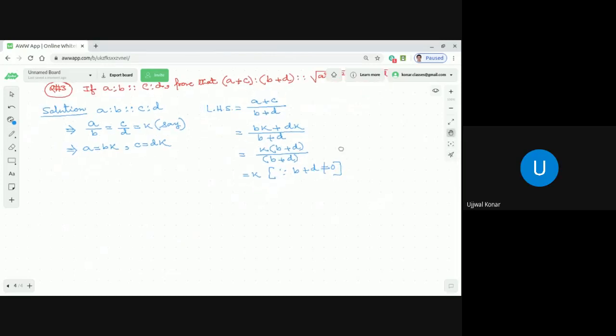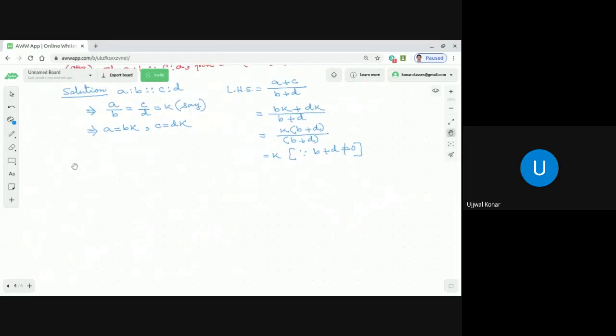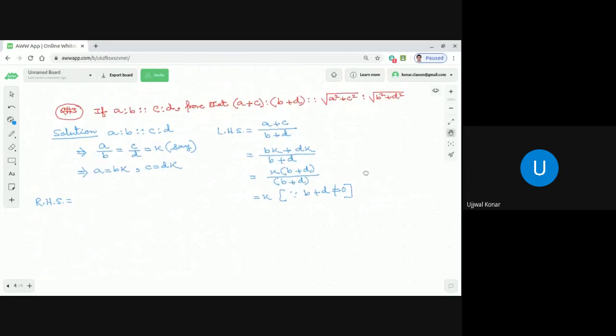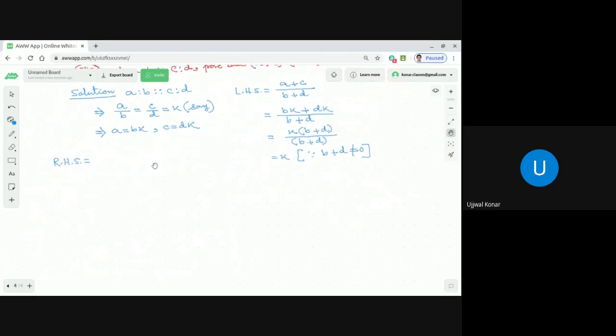Now let's look into the right hand side. Right hand side says square root of (A square plus C square) divided by square root of (B square plus D square). That is equal to square root of, A square is what?